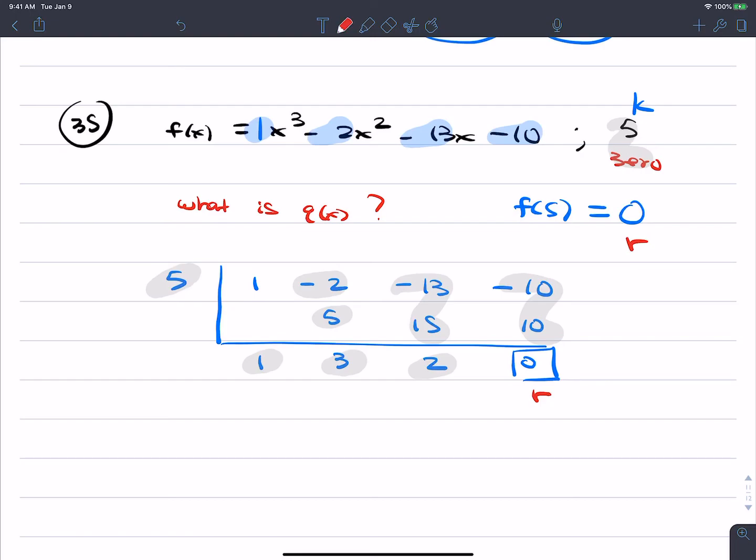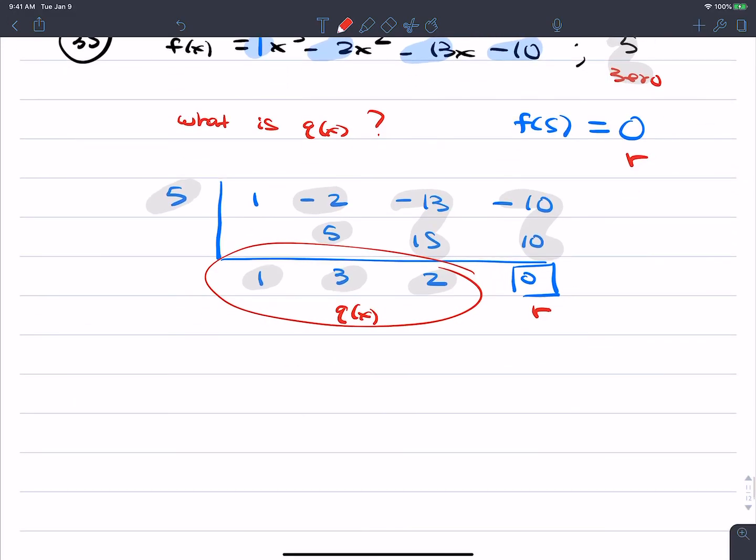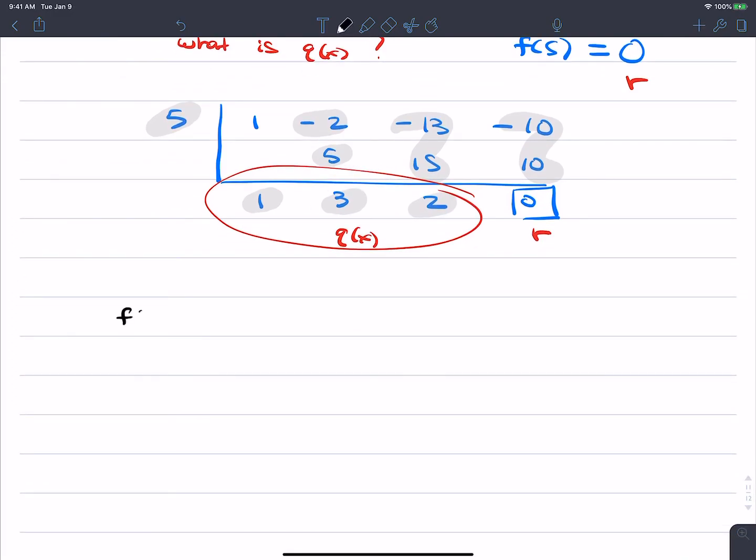What we really want is these coefficients for our quotient function. So what this means is the original function again is described as x minus k times that q of x. So the original function is going to be x minus 5.